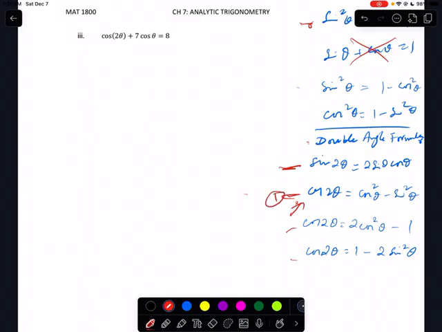Let me call them 1, 2, 3. From 1 you can get 2 by writing sine squared as 1 minus cosine squared, and you can get the third form from the first form by changing the cosine squared into 1 minus sine squared. So either memorize them or know how to get them.